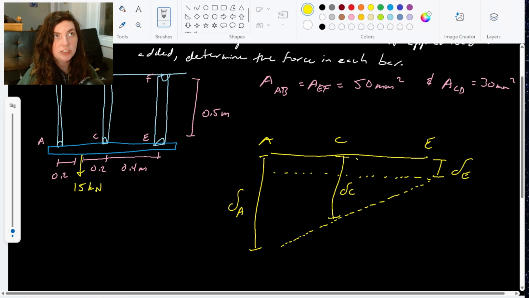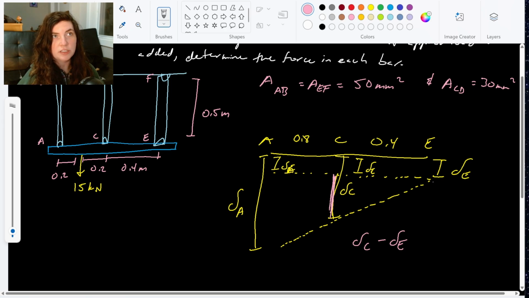This DE shift maintains for every single one of these. So if you're doing a compatibility for these, say this is 0.4, this is 0.8, using the triangle here, just know that the way your triangle shakes out, this distance right here is DC minus DE.